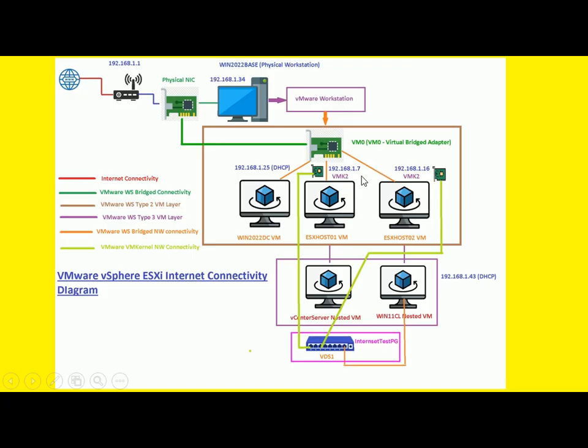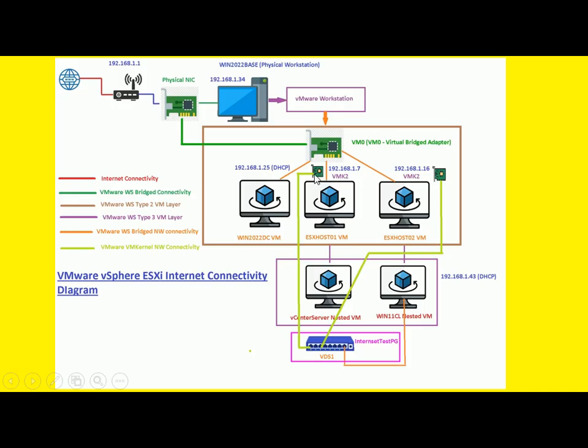Now, once you are adding VM0 to those two machines, the DC will still directly get your internet connectivity. But for the ESX host we need to create one more layer of network interface cards, that is the VMkernel adapter. So I have just marked it over here.